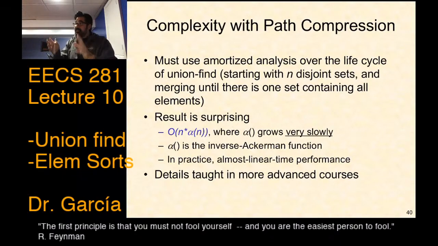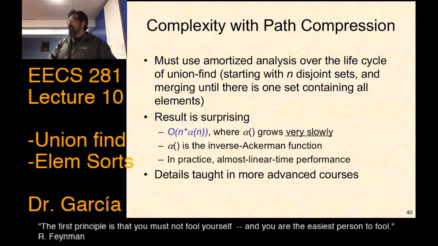And by lifetime here, I mean, again, remember, you start with all single element disjoint sets and end with a single set that has all the elements, right? So the lifetime is the starting of all elements being independent and the end time being all elements are interconnected in a single set. Okay, so that's the lifetime.